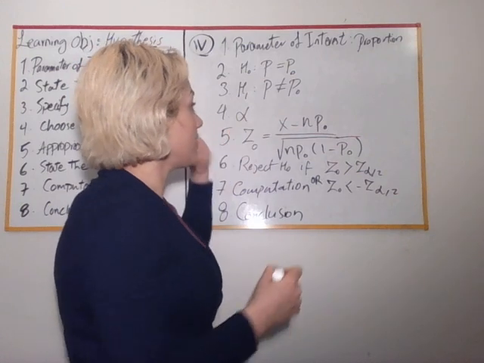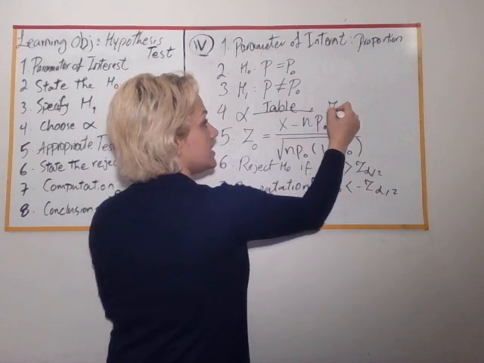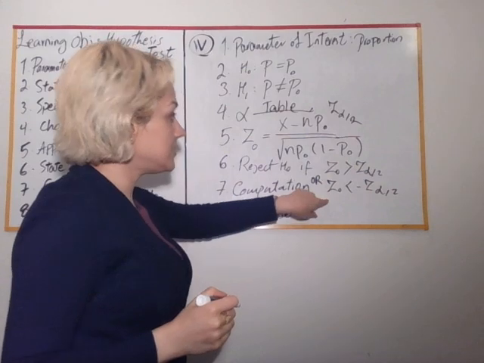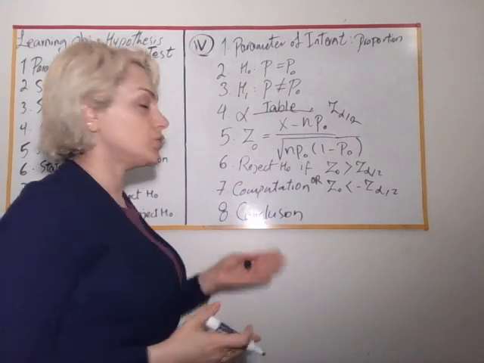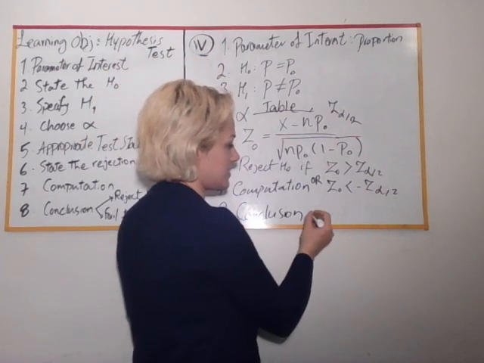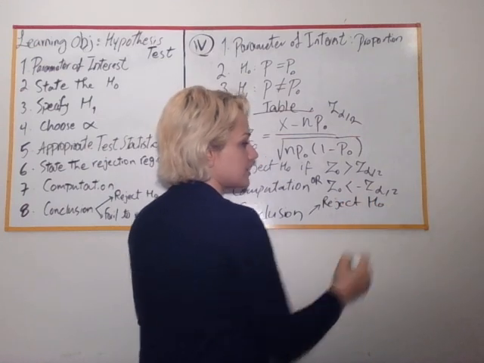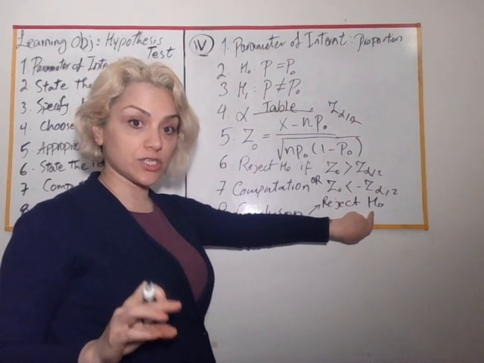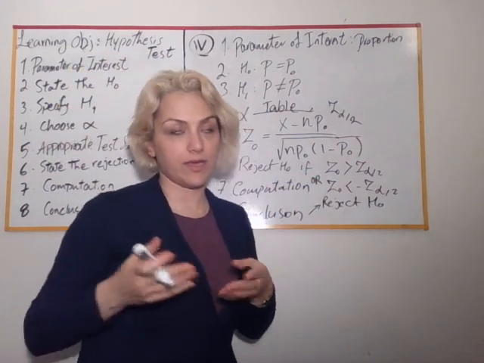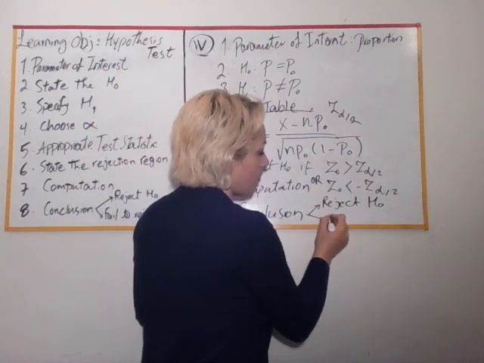And from the alpha, we go to the table and find Z at half of the alpha. We can compare this Z null with Z half of the alpha and make the conclusion of rejecting the null hypothesis or failing to reject it. The rejection happens when we have Z null greater than Z of half of the alpha or less than minus Z half of the alpha, or otherwise we fail to reject the null hypothesis.